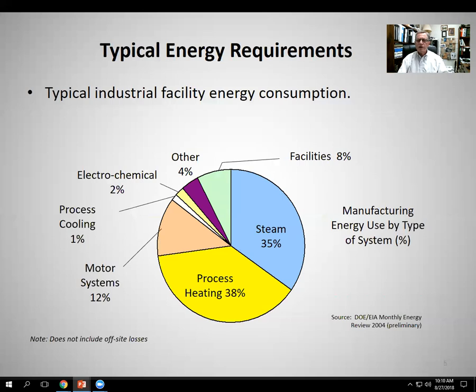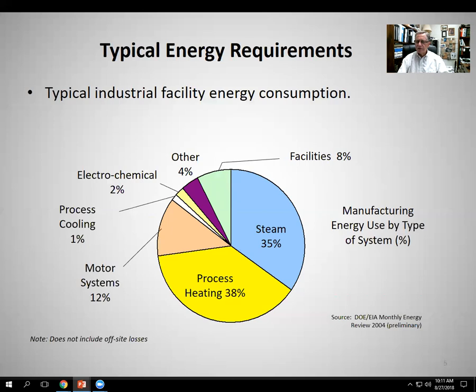This is looking down at a typical industrial facility. I don't know if there is any one facility that could be deemed typical, but this is kind of an average snapshot of what a lot of different companies do. We see that steam and process heating account for 73% of the overall energy use.